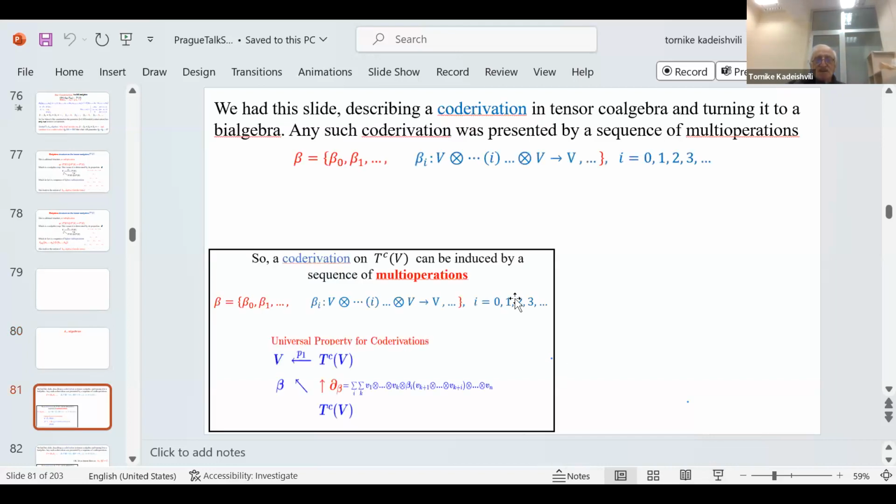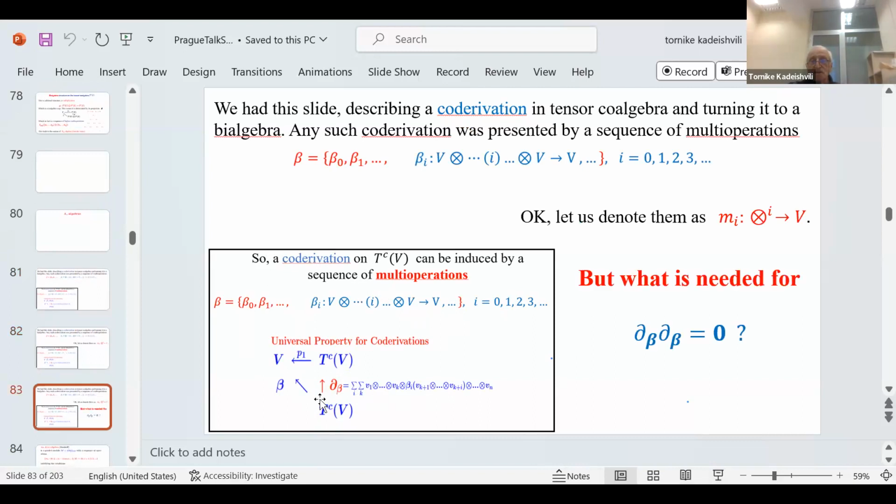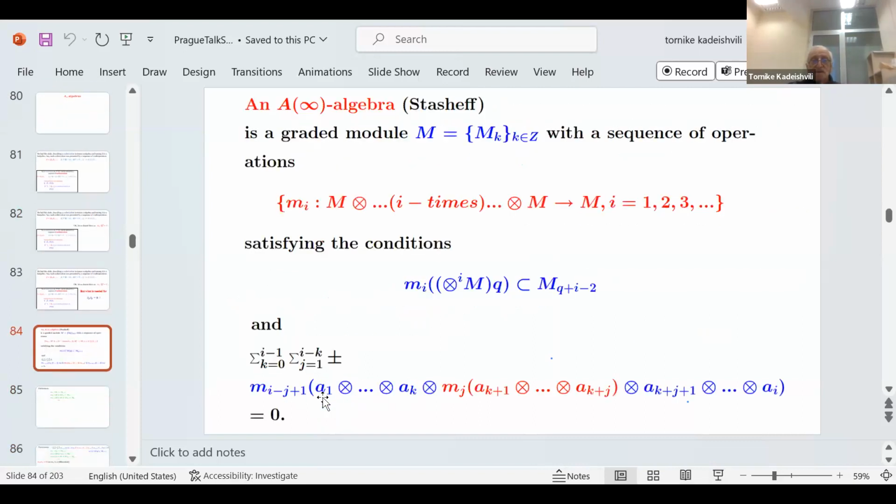What is an infinity algebra? Remember, when I want a differential on the tensor coalgebra in the bar construction, I need a beta. And beta was a collection. And it is a good step to Stasheff's infinity algebra. It was discovered at the beginning of the 60s.